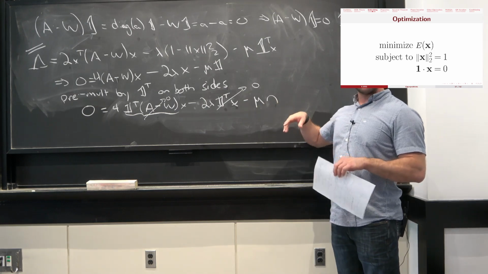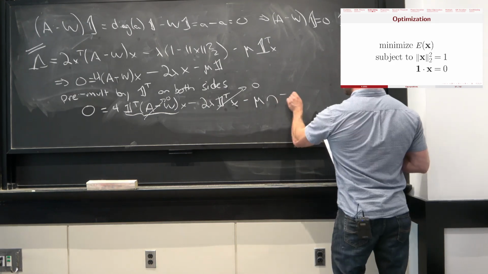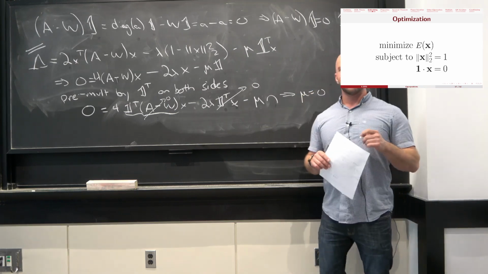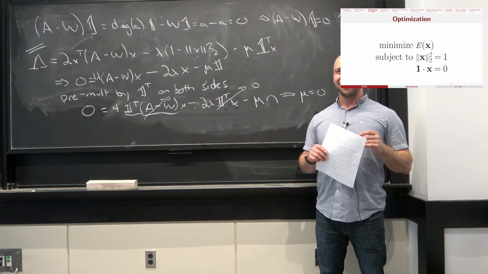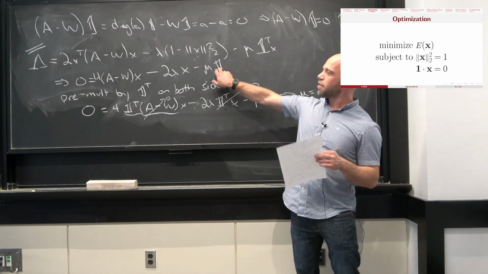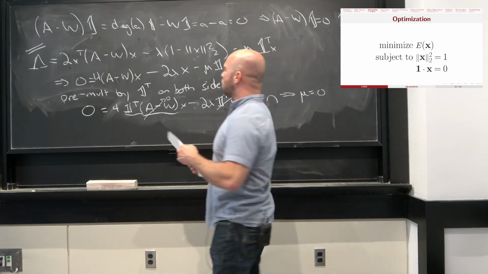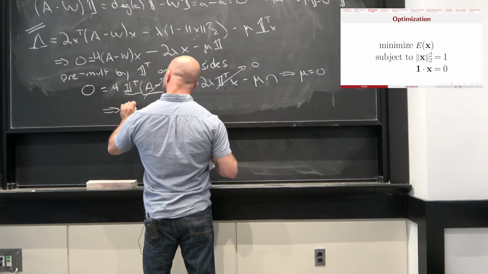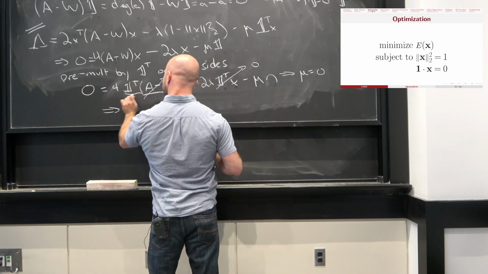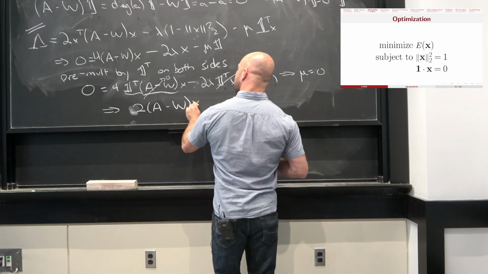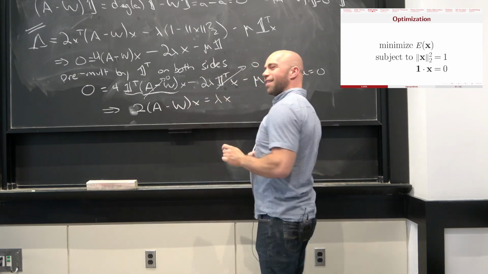N here is just some positive number, so in particular we have concluded that mu is equal to 0. Sneaky, huh? So if we return to the earlier expression, we can divide both sides by 2, just for yucks, and we have 2 times (A minus W) x is equal to lambda x.